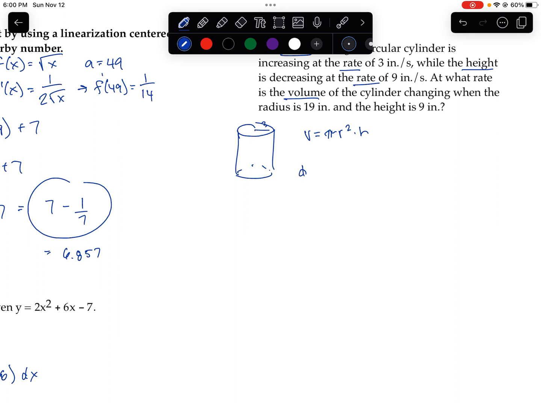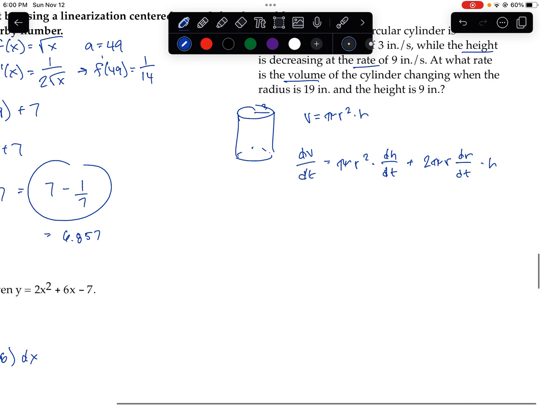So dV/dt, since we're taking the derivative with respect to time, we have to use the product rule: the first times the derivative of the second, which would be dh/dt, plus the derivative of the first, which would be 2 pi r dr/dt, times the second. So we're trying to find dV/dt, that's what we're looking for.